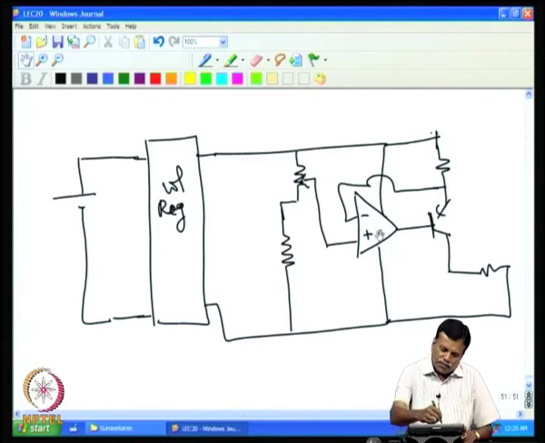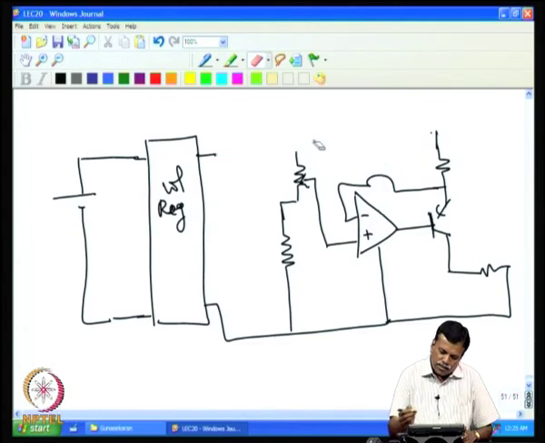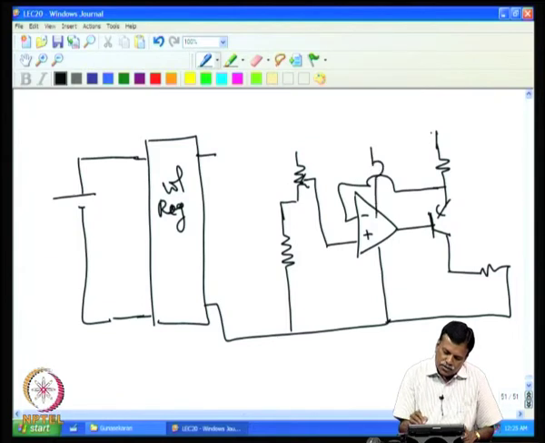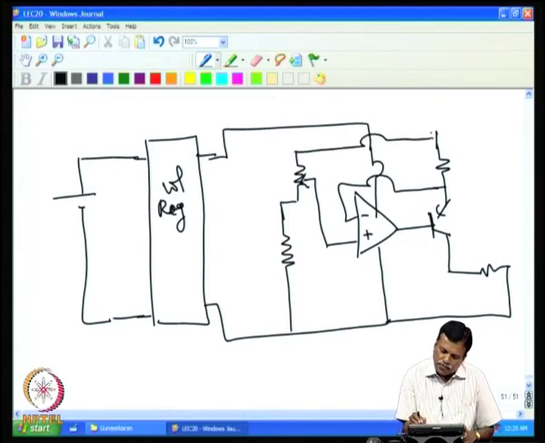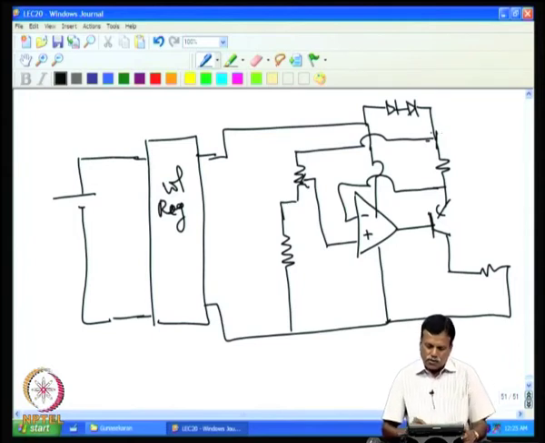Now, we can modify this to get rid of that problem. What is normally done is you remove this, and this supply you can give directly to this, and these two can be powered using a slightly lower supply, 2 diode drops less than what is actually at this point.